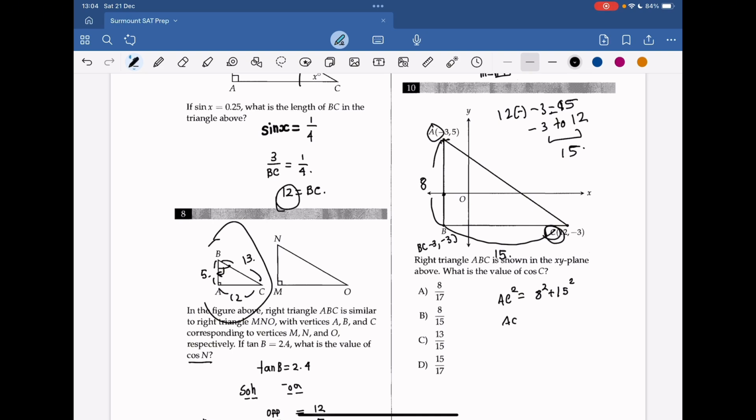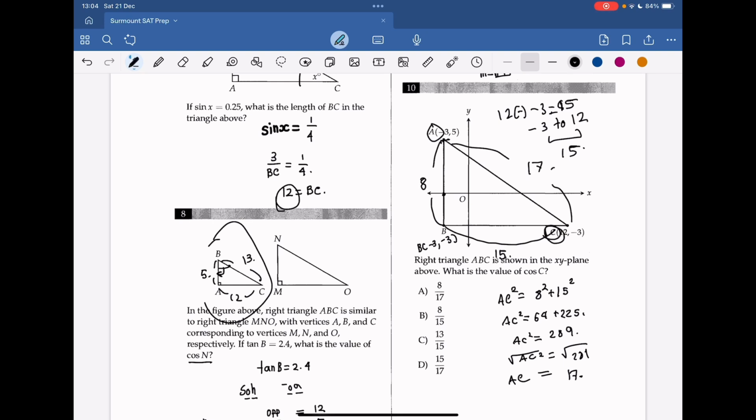So AC squared is equal to 64 plus 225, and AC squared is equal to 289. And now if you root both sides, we'll get AC is equal to 17. So now we have the hypotenuse, and the value of the hypotenuse is 17.